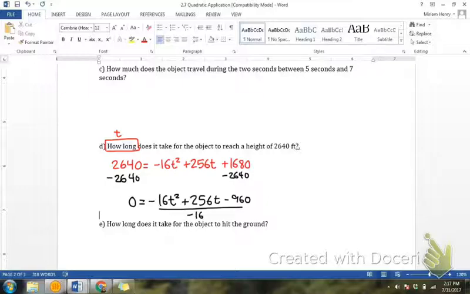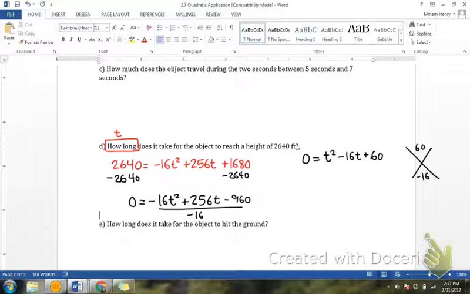Then that's going to make your t squared term positive. So we have a positive 60.